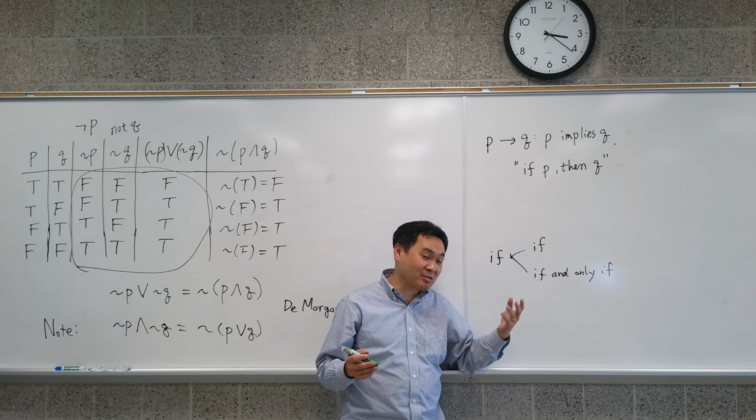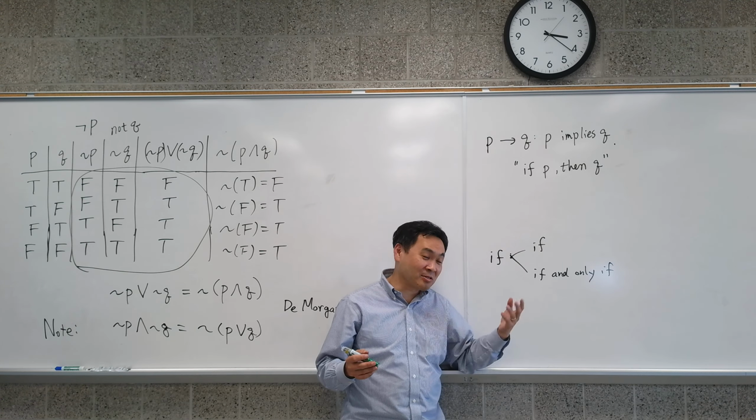So P is 100 in math, and Q is buy bicycle. Now, if this is true and that's true, then all is good.